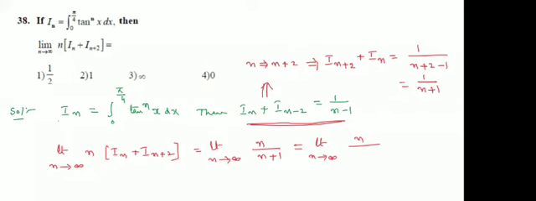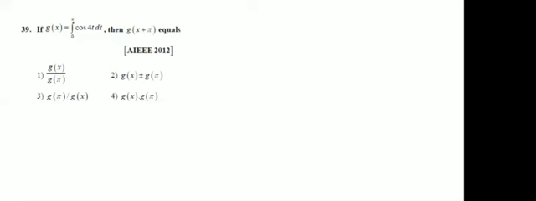In the numerator n, in the denominator take n common. You'll get 1 plus 1 by n. Now n cancels. Substitute the limit: 1 by 1 plus 1 by infinity. 1 by infinity means 0. So the total answer is 1. So the second option is the answer.